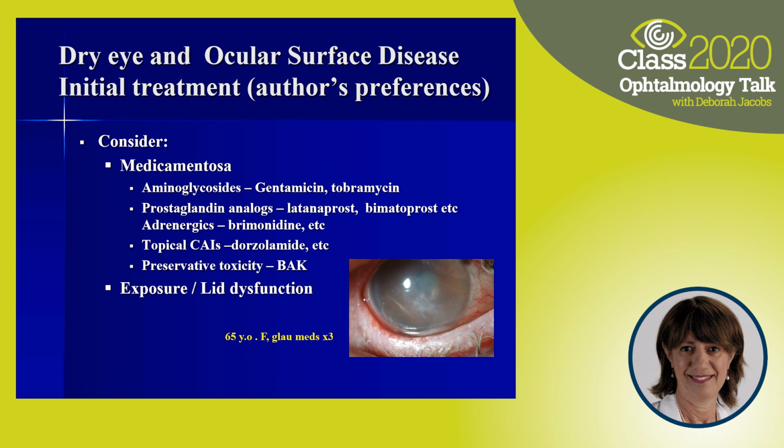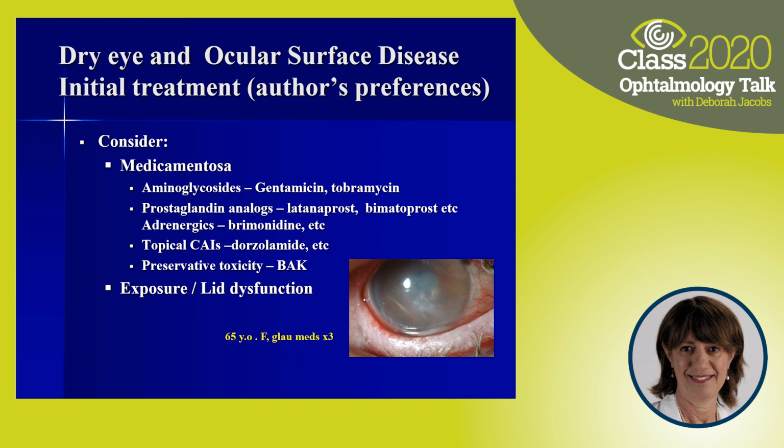Try to minimize these with combo drops, or consider switching them to drugs in the same category that are preservative-free. That is, it's very important to reduce the preservative load among all the things they're taking, and also to consider that some of the glaucoma meds have direct action on the ocular surface separate from any toxicity issue.